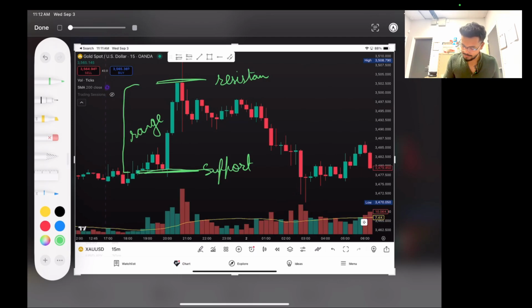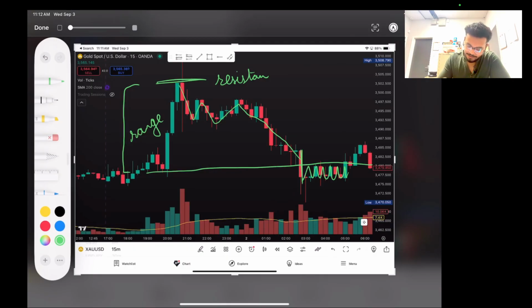Okay, how about this? I extend this support. Price took support at this level, and then I will extend this all the way. As you can see, the price where it took support previously goes to the resistance, gets rejected, starts moving downwards, breaks our support on the 15-minute time frame, and then keeps consolidating here.